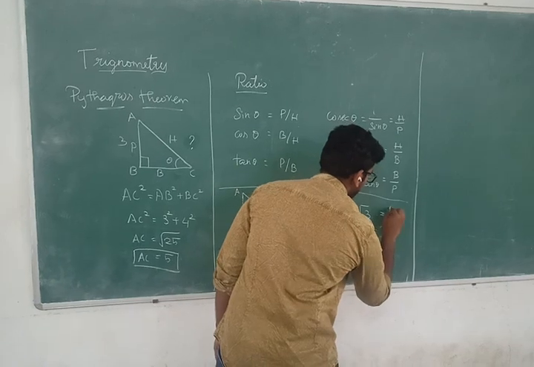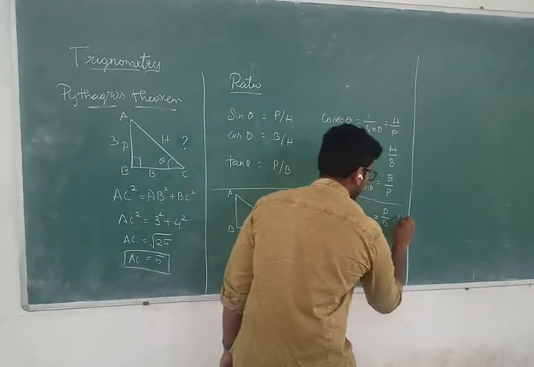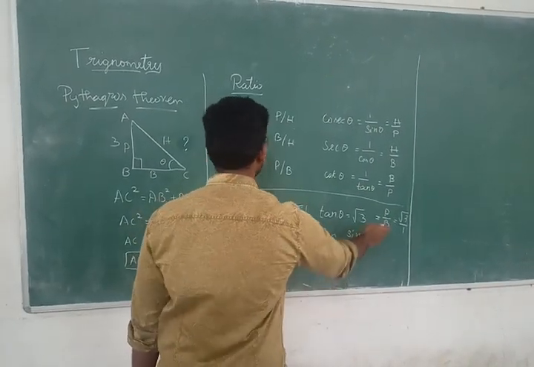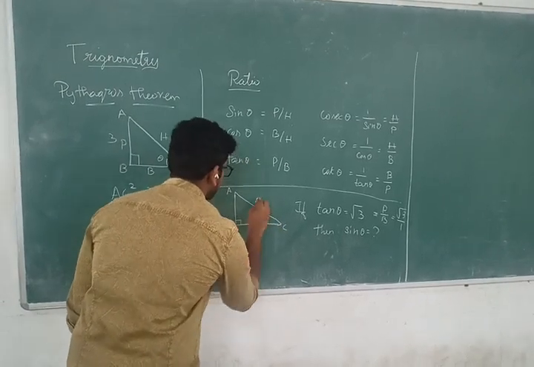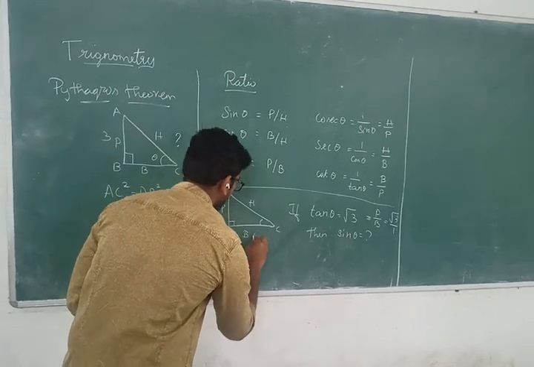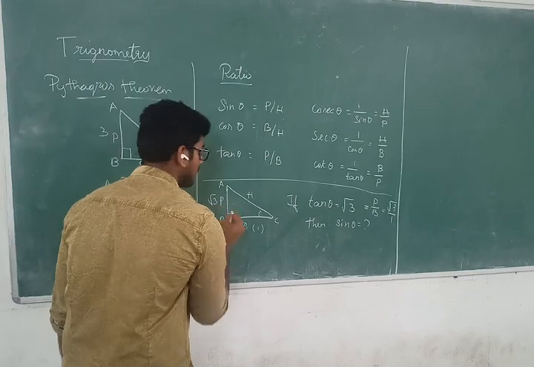So perpendicular by base, they already gave root 3 by 1. This is the base side, this is the hypotenuse, this is the perpendicular. Base side is 1 and perpendicular side is root 3.